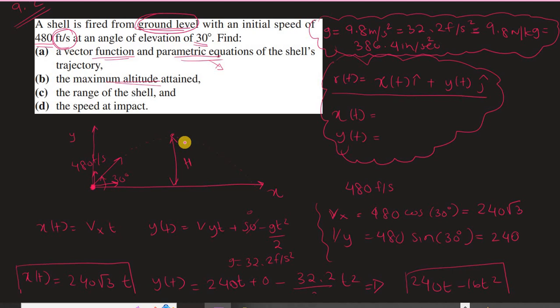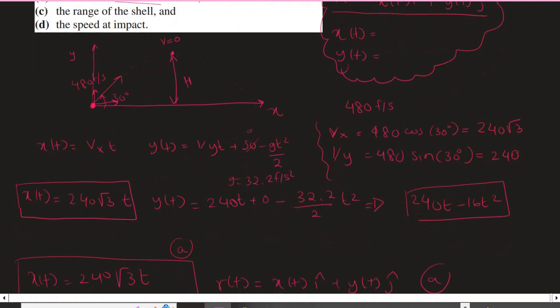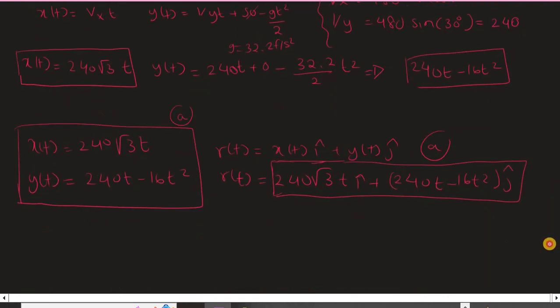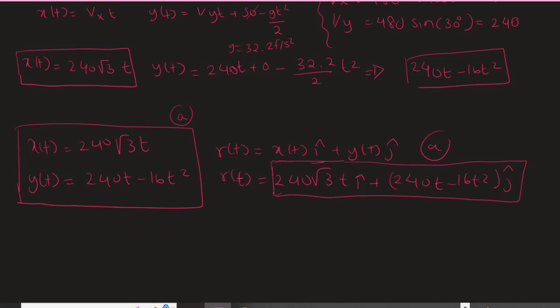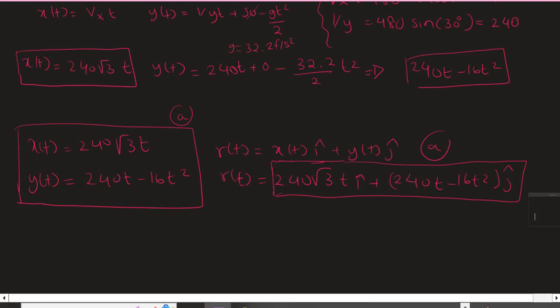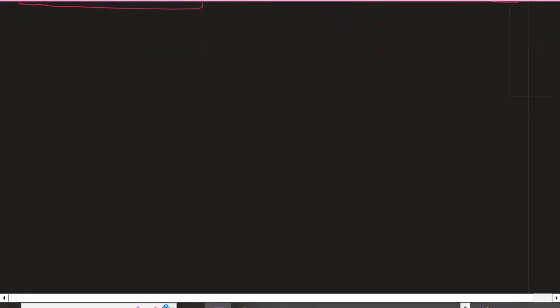Okay, so this is the velocity. Remember, the velocity at the very top is equal to 0, right? So we can use this to solve the maximum height. Okay, let's do this at the bottom. Let's just do it over here. Okay, B. So we're finding the maximum height.